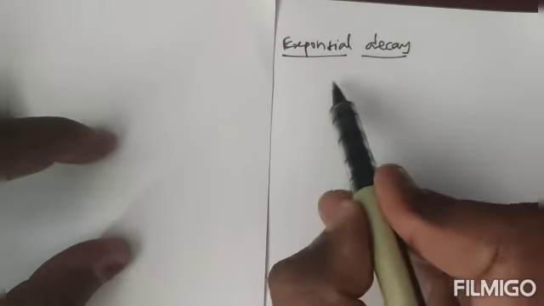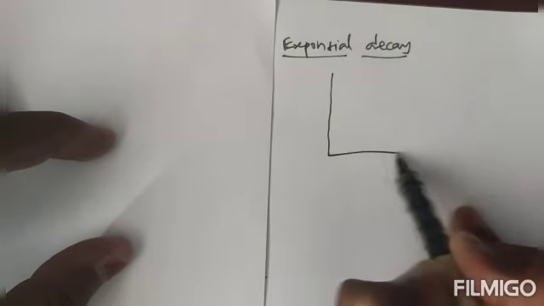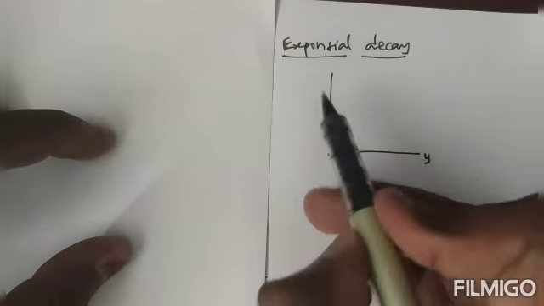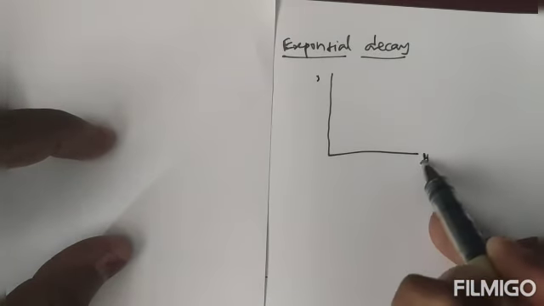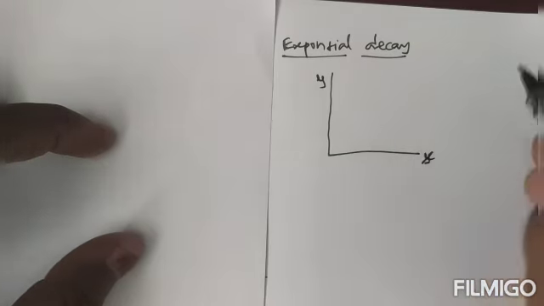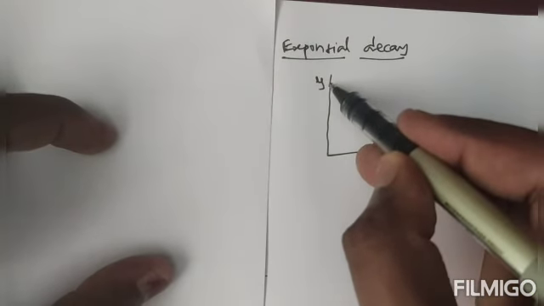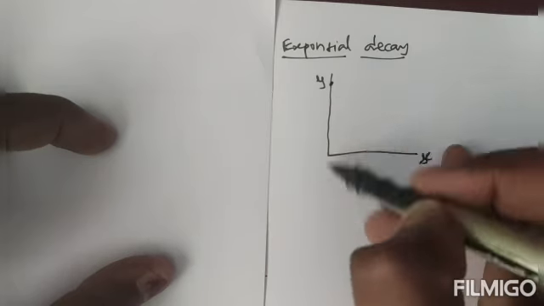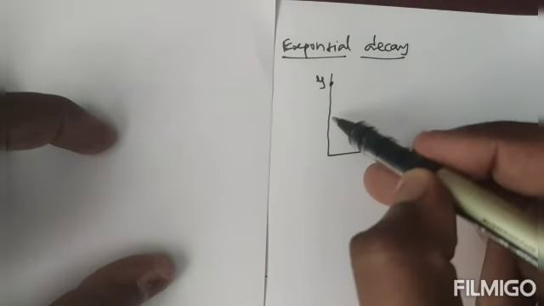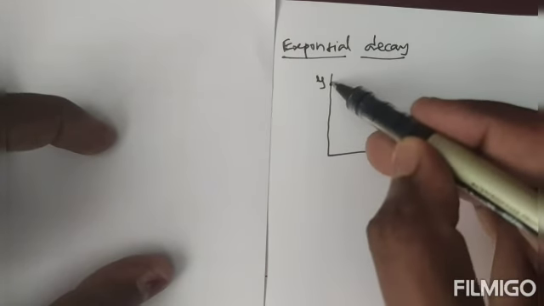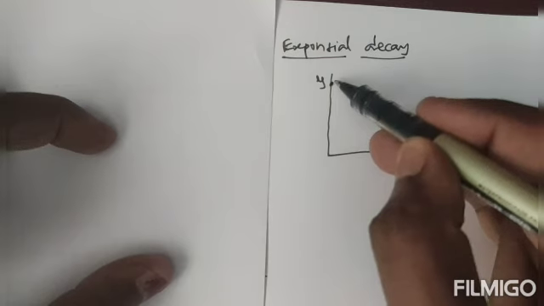If you observe this graphical diagram, this is the x-axis and this one is the y-axis. Here we can get the graph, the starting value with y. That means x value 0, y having some value. Okay, x value is 0, y you having some value.